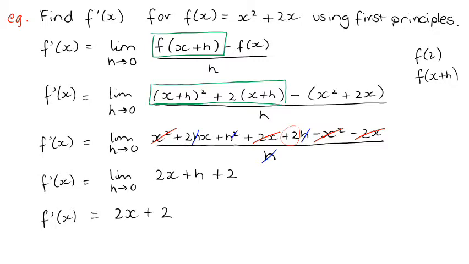And you always use the bit at the top, f of x plus h minus f of x over h. That's the general rule, yeah. That is first principles. Anytime something says first principles, it's that formula that we first used. Okay? Okay, let's try one on your own.